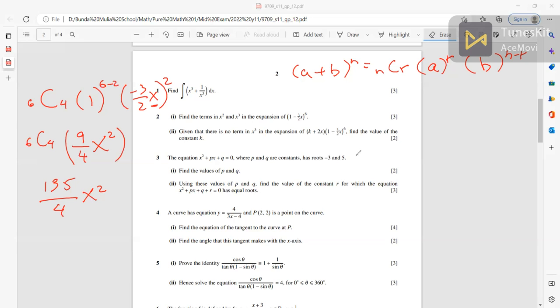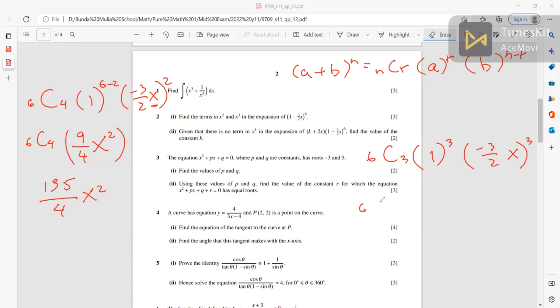And for the x cubed, we have 6C3 times minus 3 over 2x. We want to get x to the power of 3, of course, so this is the power of 3.